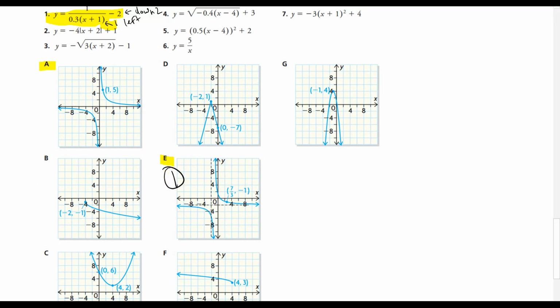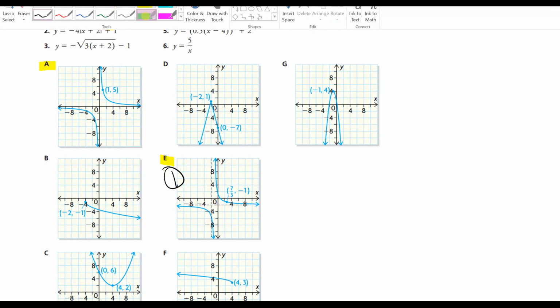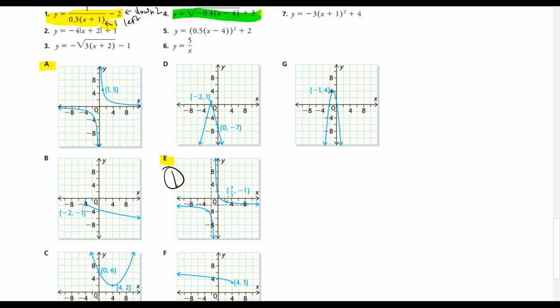We can do the same sort of strategy on the others. Look at the parent graph. Which other ones share that parent graph? F. What's the other one with the same parent graph? F and D. Okay. And then from there, how can you decide? Could use the translations again.